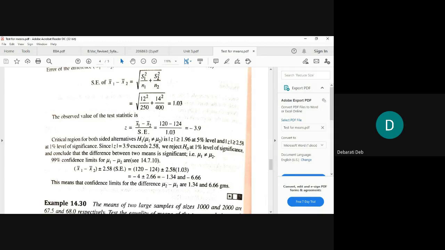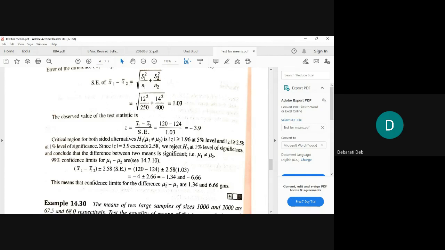So you will write critical region for both sided alternatives, mu1 not equals to mu2, is mod Z greater or equals to 2.58 at 1% level of significance.